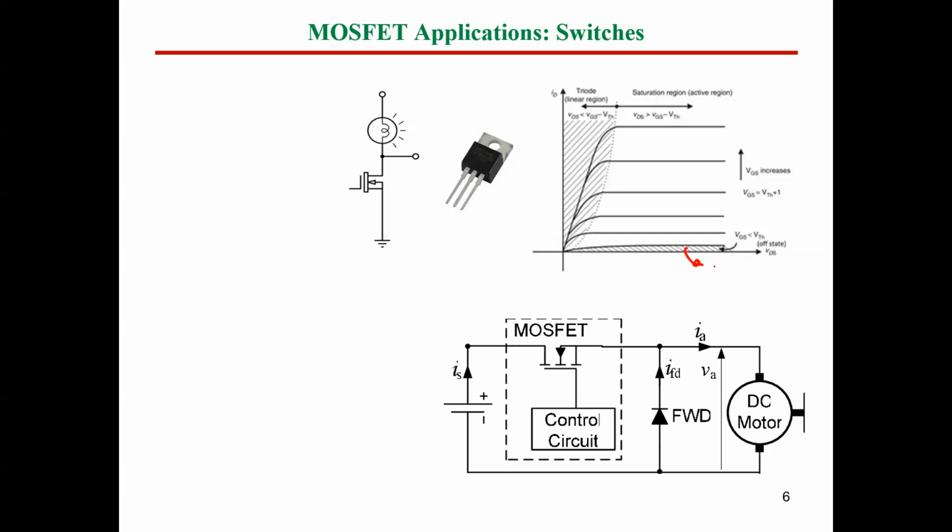So if VGS is less than V threshold, we are sure this transistor is going to be turned off, which means ID would be 0. This is the first mode of operation, which is called cutoff mode. As you can see here, we have a small value of current. However, this is just to figure out the graph, but this current would ideally be 0.